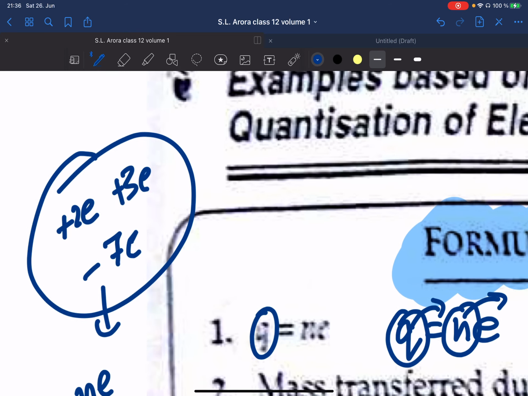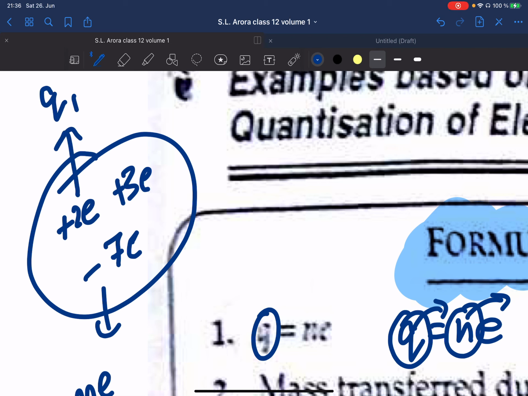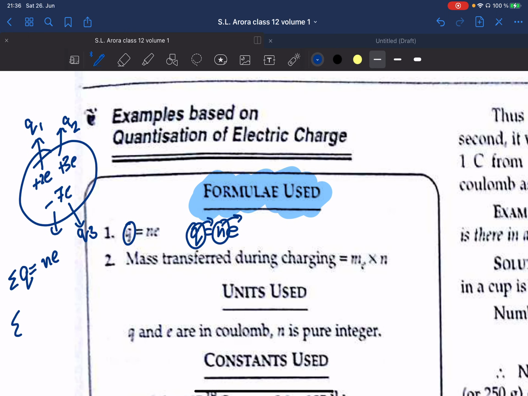Let's say the first charge is Q1, this is Q2, this is Q3. So sigma Q will be Q1 plus Q2 plus Q3.